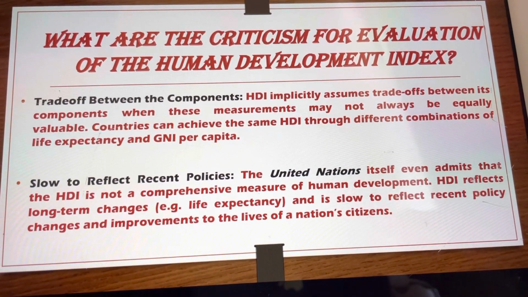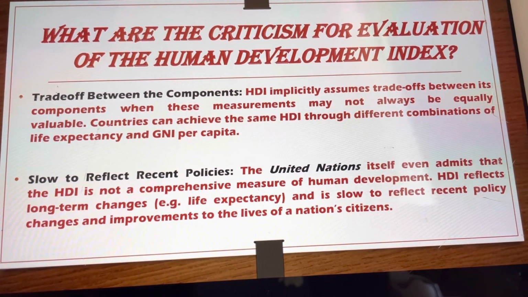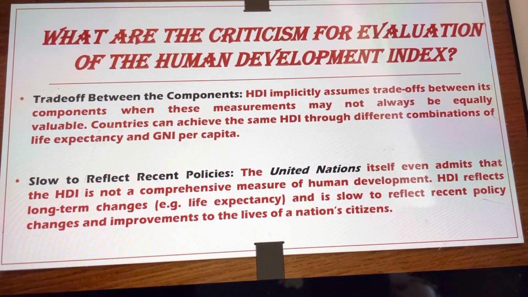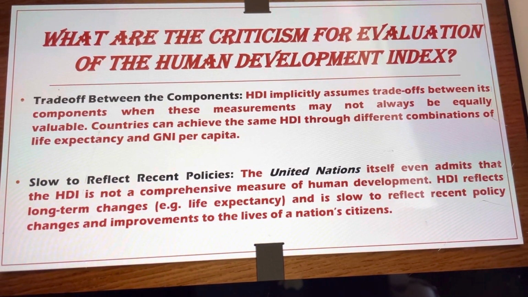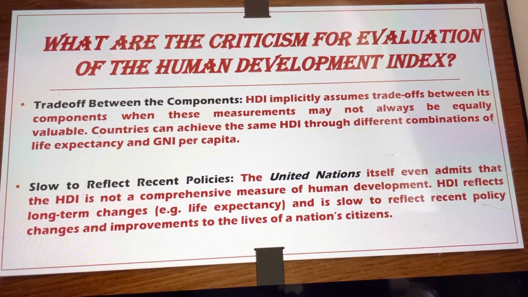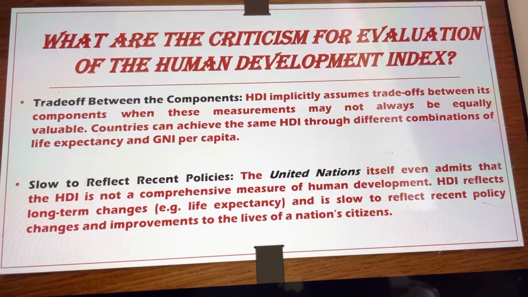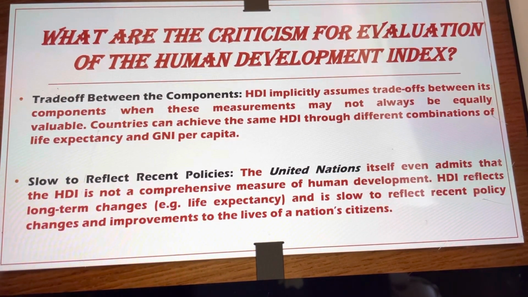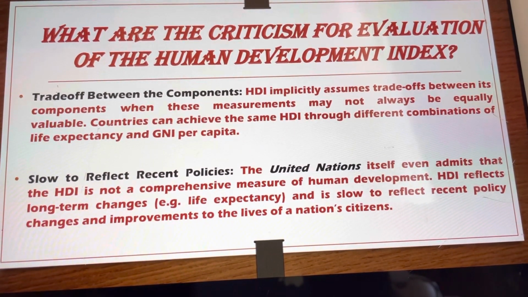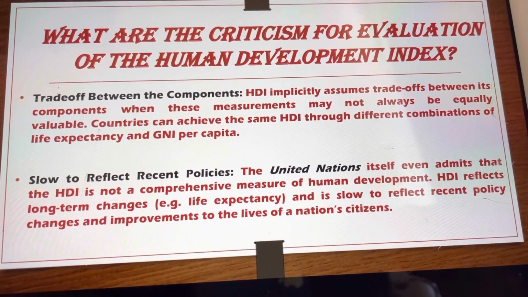Number 1. Trade-off between the components. HDI implicitly assumes trade-offs between its components when these measurements may not always be equally valuable. Countries can achieve the same Human Development Index through different combinations of life expectancy and GNI per capita.